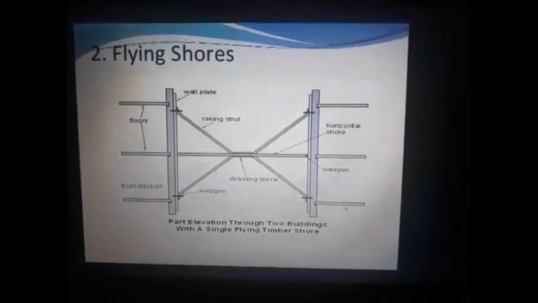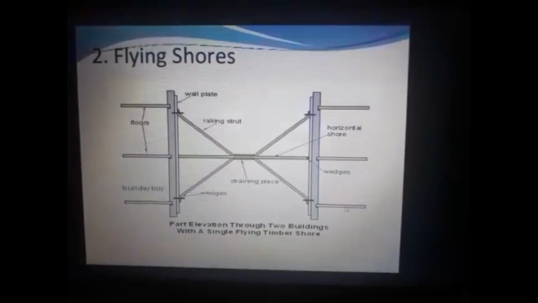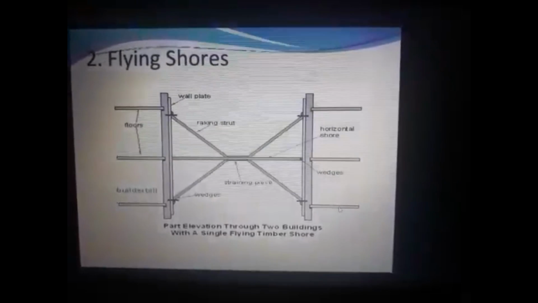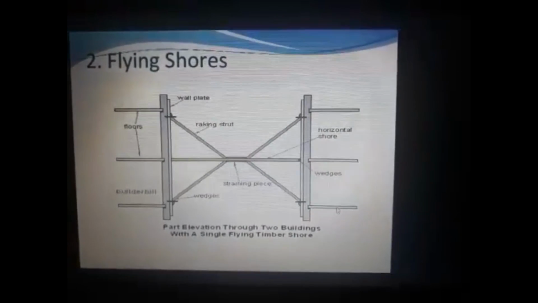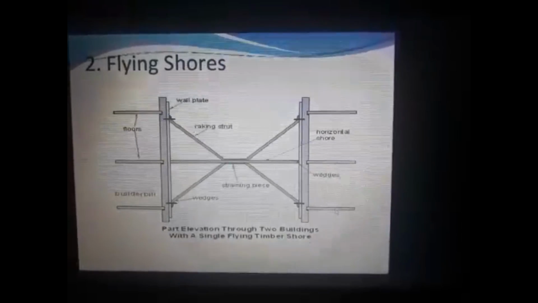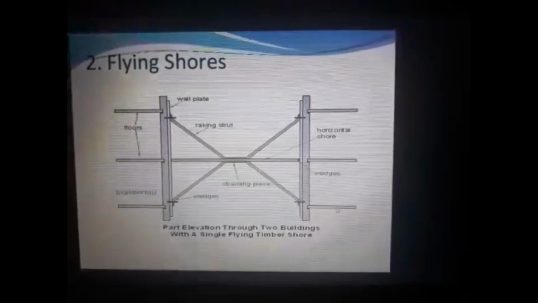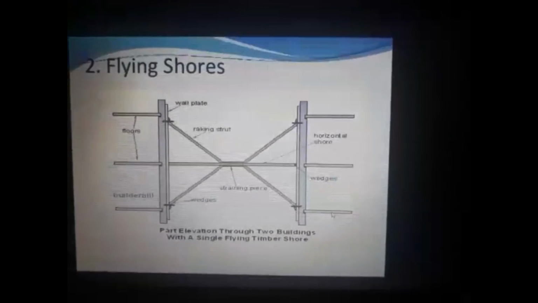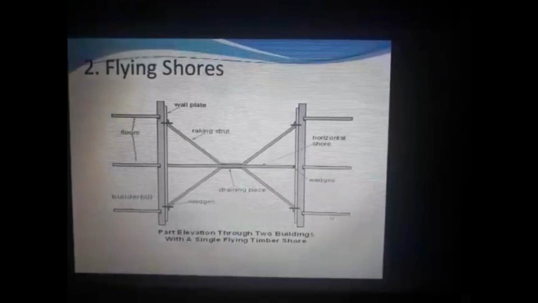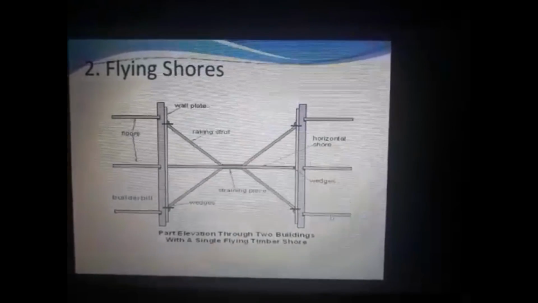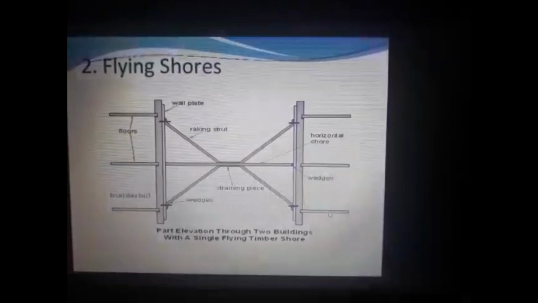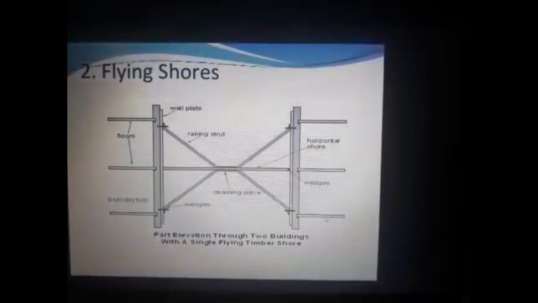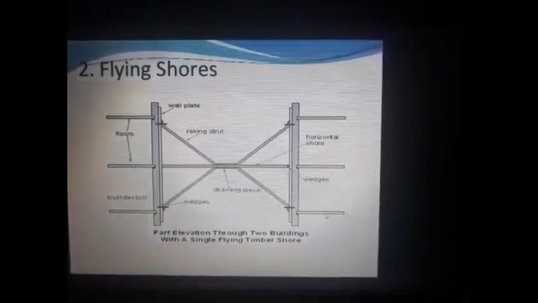A flying shore consists of wall plate, strut, staining piece, horizontal shore, needle wedges, and cleats. Flying shores are most often used to support temporary parallel walls of 2 adjacent buildings when an intermediate building has to be demolished or rebuilt.